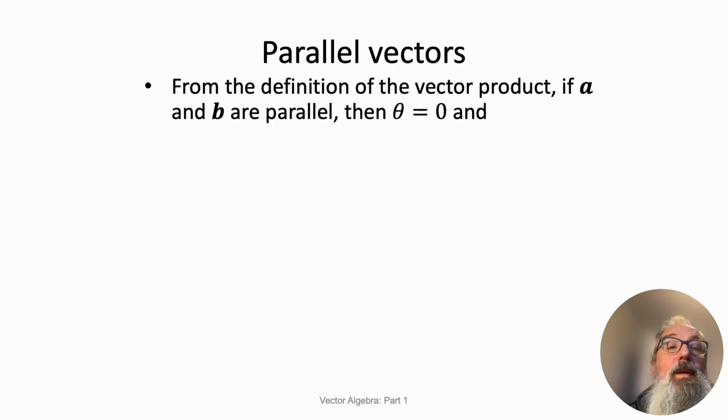Parallel vectors. So by the definition of the vector product, if A and B are parallel, then theta is 0, because we've got a sine of the angle between the vectors. So A cross B equals 0. Sine 0 and sine 180 are 0.